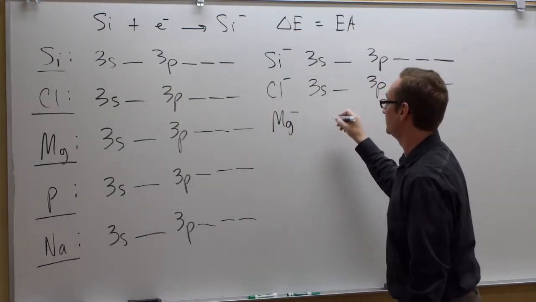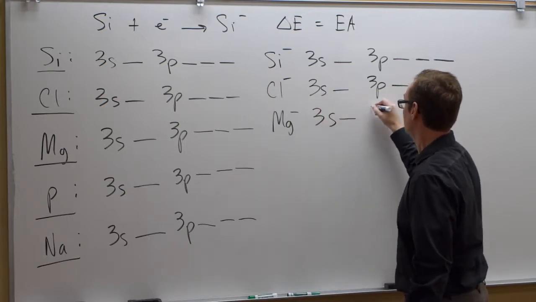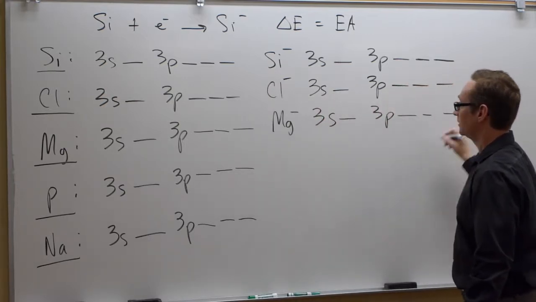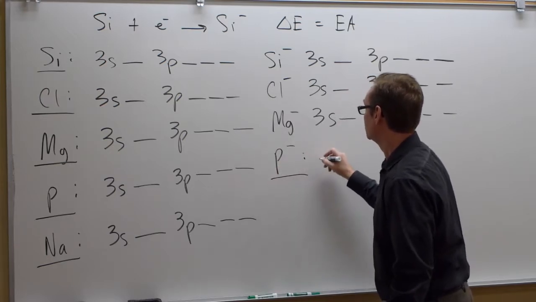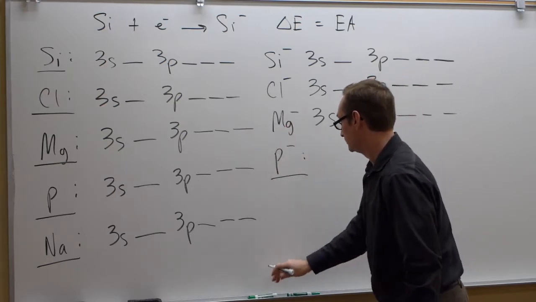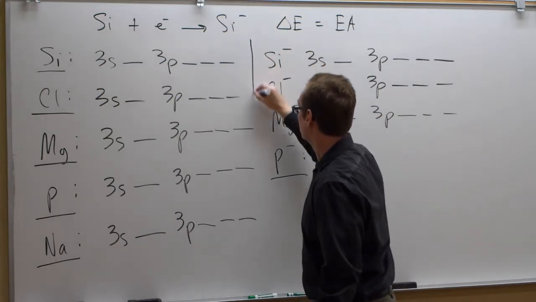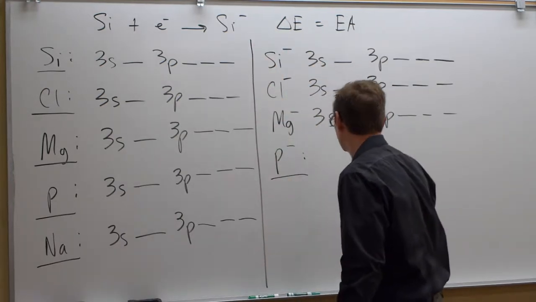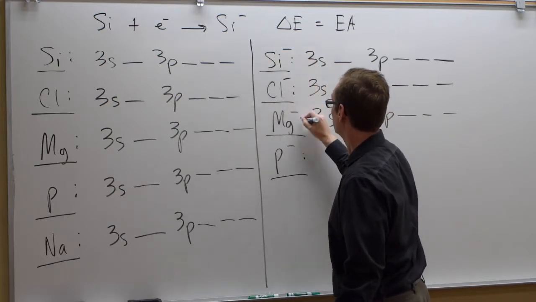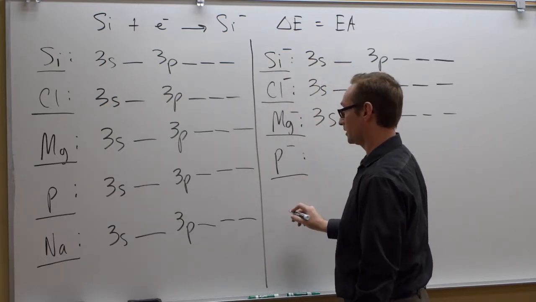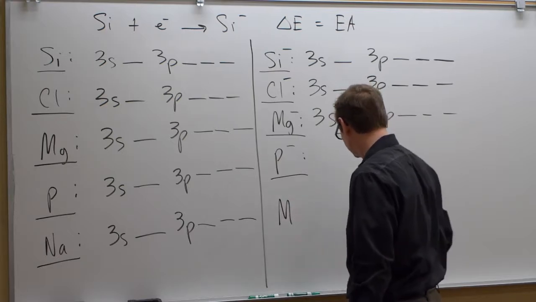Magnesium minus would be, I'm just going to compare and contrast here, P minus, and then we have Na minus.